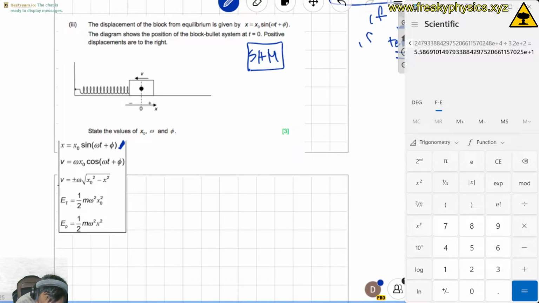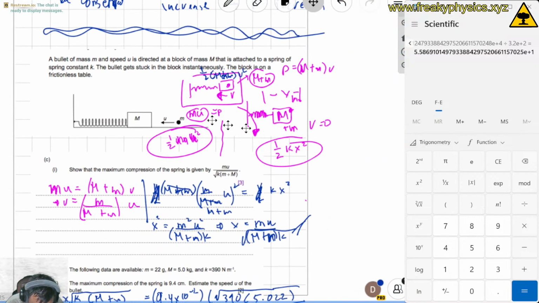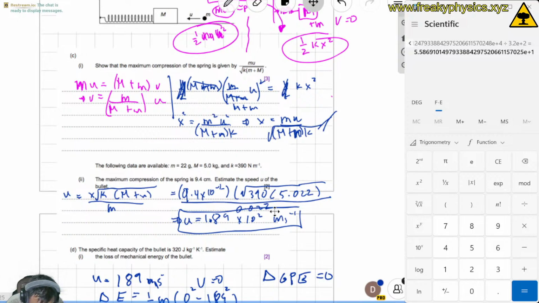Is there anything else that's promising? But if we have three unknown variables, how can we find them from one equation? Well, here's the thing. You know the velocity of the object, right? You know how fast it is. We just calculated that here. This part, right? We can find out what the velocity is because we were given u. We found it out here, right?